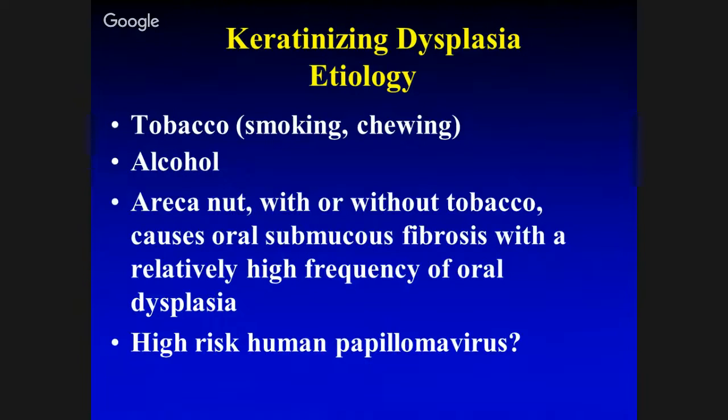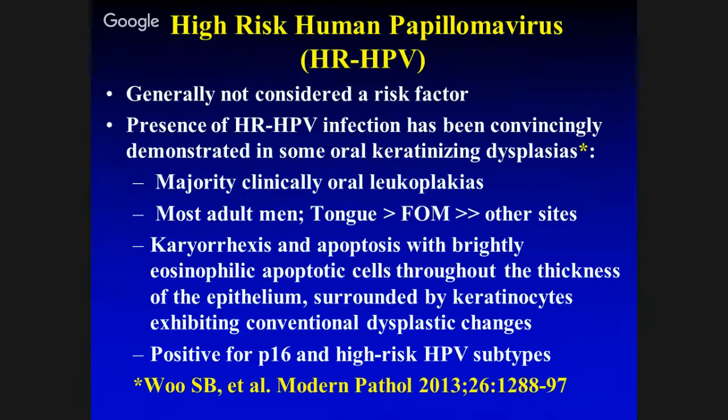HPV, I don't understand it completely, but it doesn't create a field effect. So can HPV be linked to intraepithelial dysplasia of the upper airway? The answer is yes in select instances. I don't want to go through this.